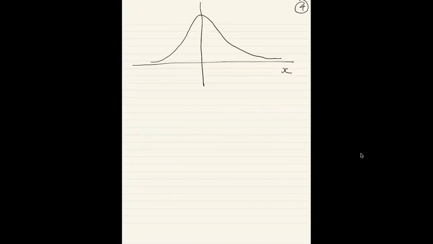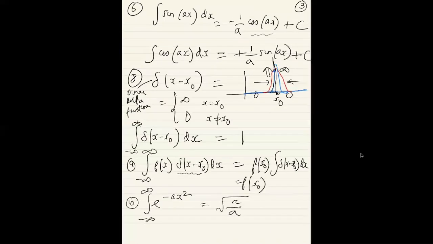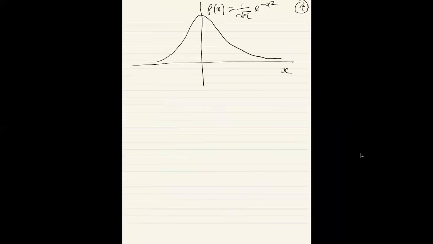It goes something like this. So here I am plotting the function f of x is equal to 1 by square root of pi e to the power minus x squared. I have brought in the square root of pi in the denominator here, so that when I integrate it, the square root of pi that would have come in the numerator goes away and it becomes 1. And I have set a is equal to 1 in this Gaussian function.